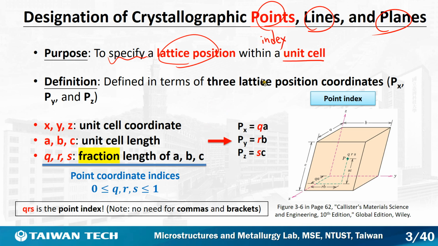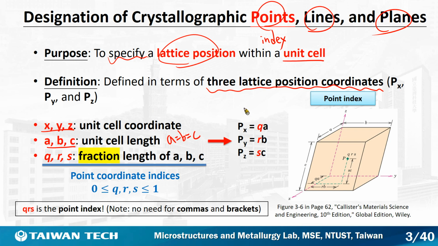So let's first define three lattice position coordinates. For coordinates, we have X, Y, Z. And a, b, c mean the unit cell lengths. For example, for a cubic, a equals b equals c.